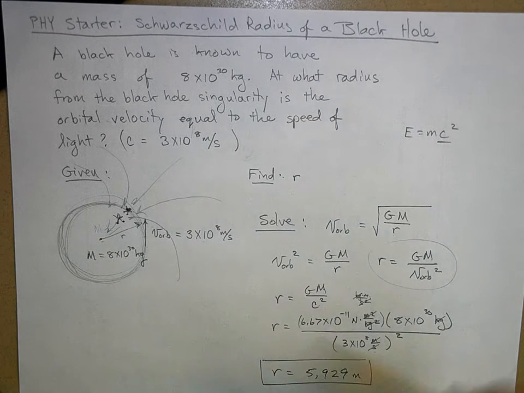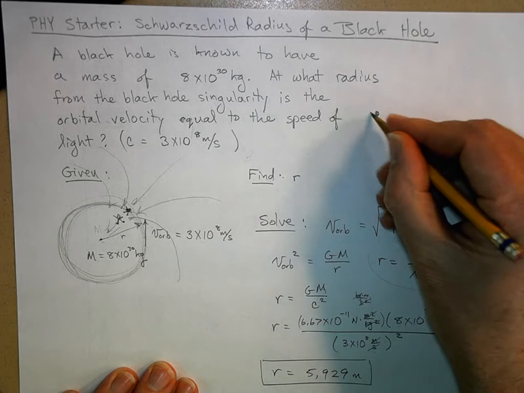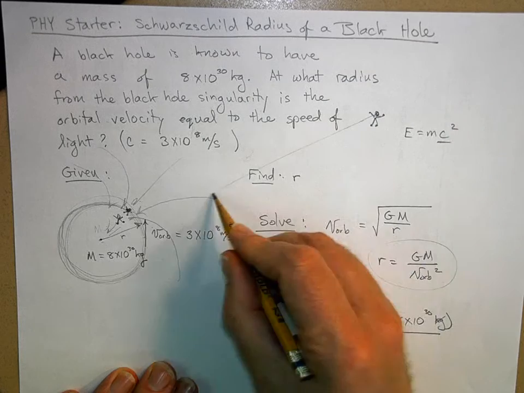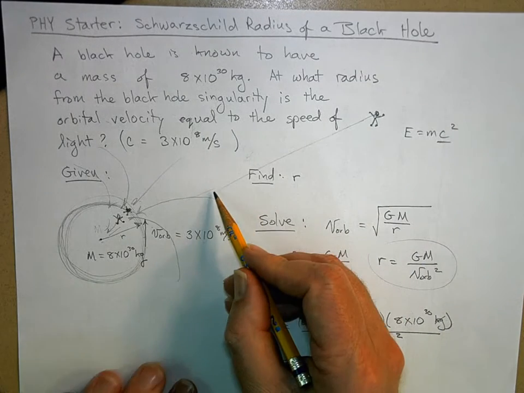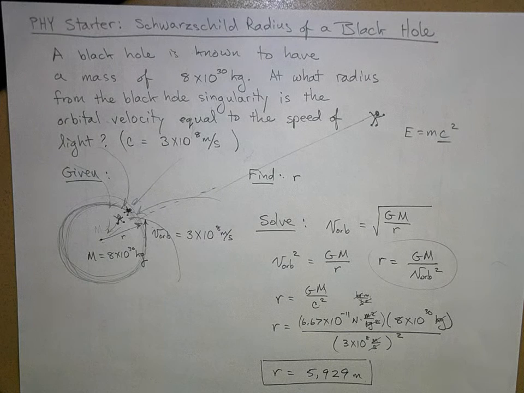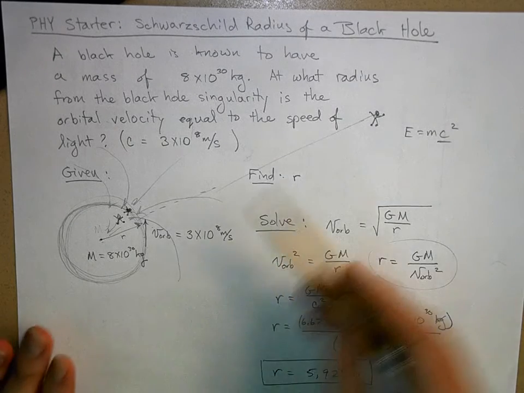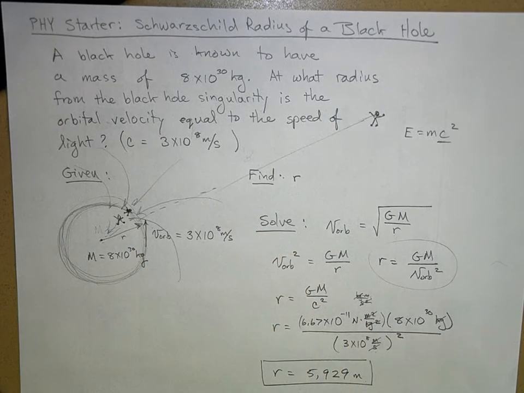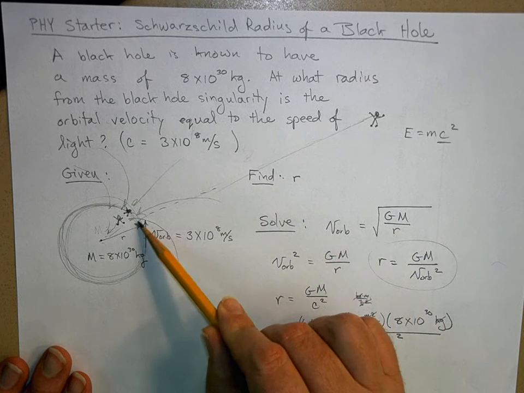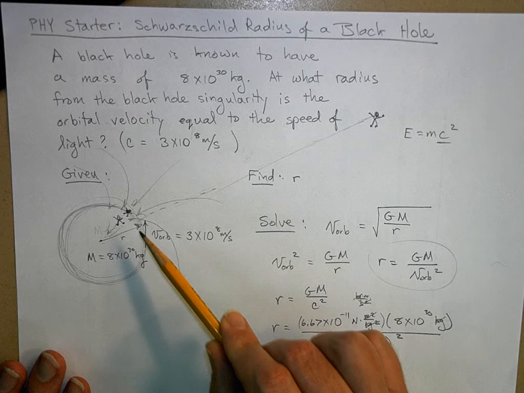Because if you're an observer way far away from the black hole, looking down with a telescope, and you have a friend who's falling into the black hole, as they approach this event horizon, it will seem as if they are slowing down.